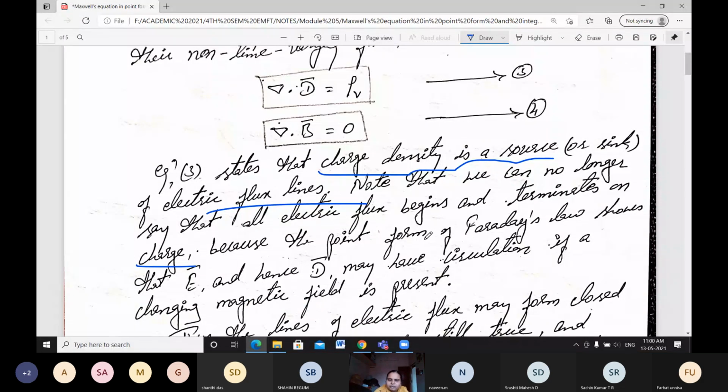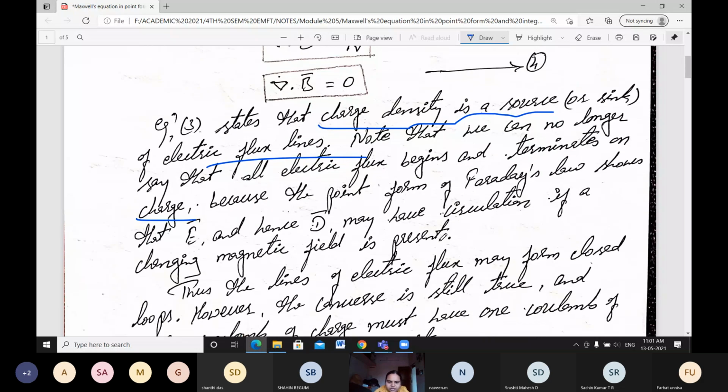Because of the point form of Faraday's law, the electric field intensity and flux density D may have a circulation if a changing magnetic field is present. Means one will keep changing into the other, from intensity to flux density, and vice versa.